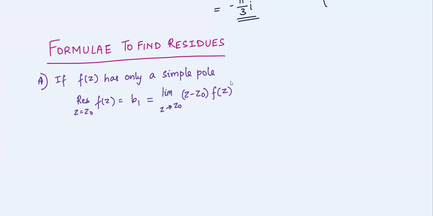What happens? Because this has only a simple pole, you will get b1 by z minus z naught term multiplied by z minus z naught, it cancels. And now all other terms will have factors of z minus z naught. So when we take the limit z tending to z naught, you will get b1.